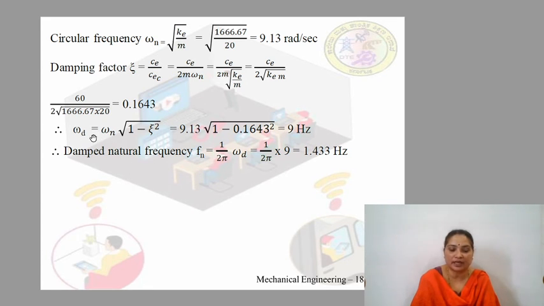Using the value of omega d, we can further calculate the damped natural frequency, that is Fd equals omega d by 2 pi. It equals 1 by 2 pi into 9, which is 1.433 Hertz.